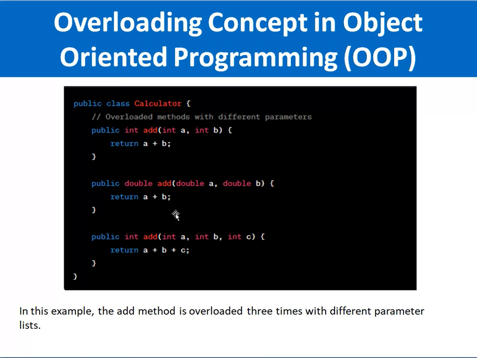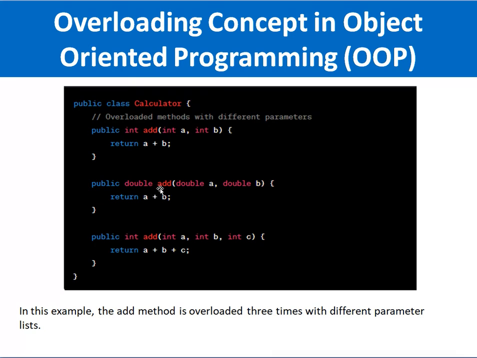See from here, this is a very simple and good example of overloading. The method add is defined in three ways. In the first, it takes two integer inputs and returns the type integer.